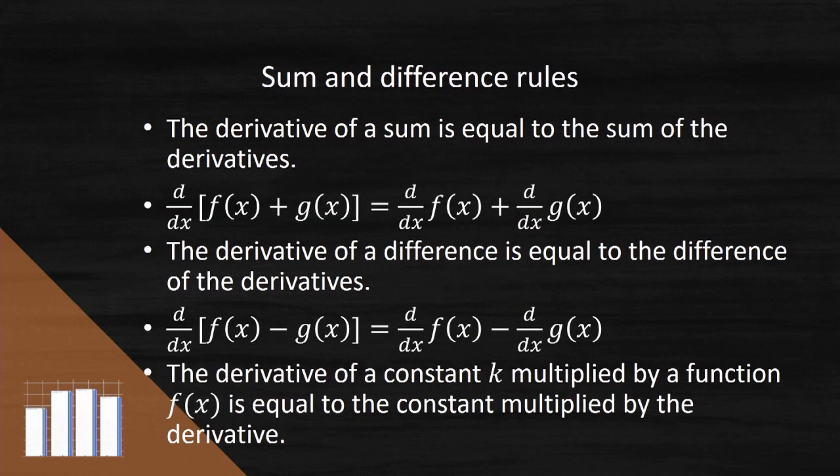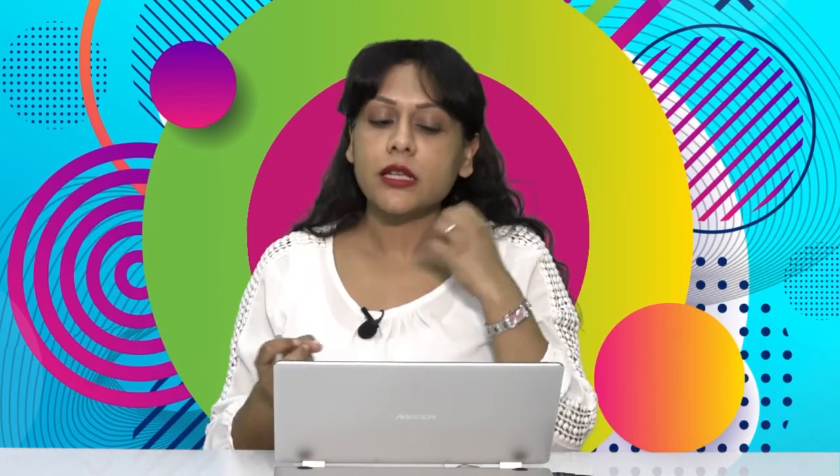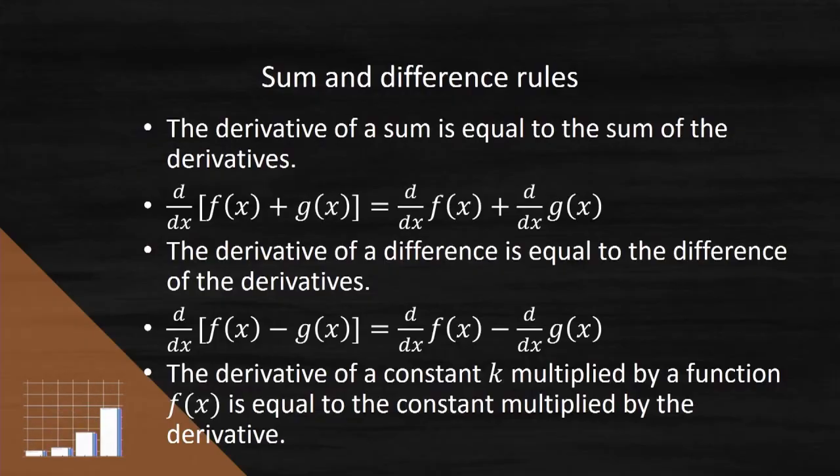The sum and difference rule. Just as when you're working with functions, it's easier to find the sum and difference of functions using those rules. Similarly, in derivatives, the derivative of a sum is equal to the sum of the derivatives.